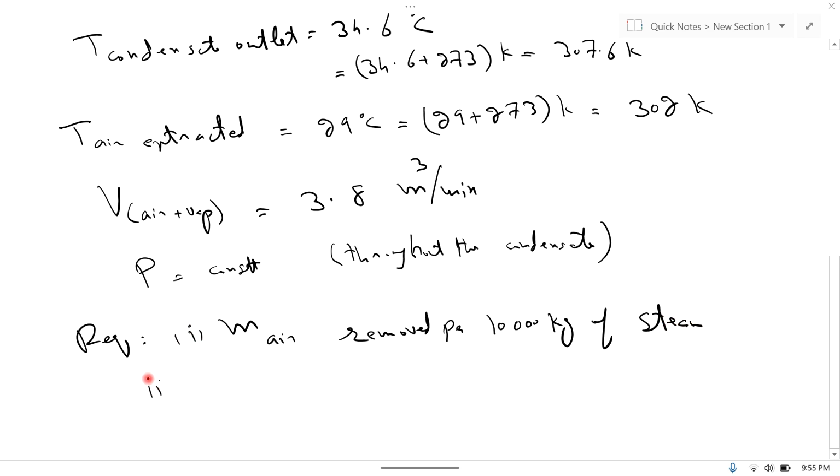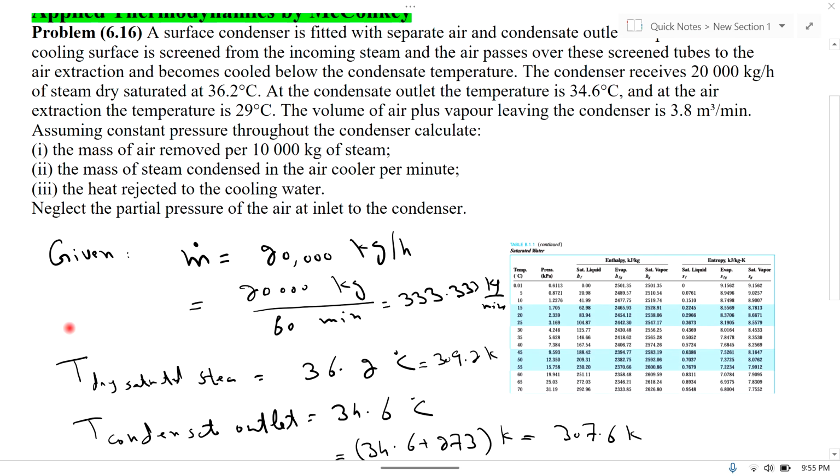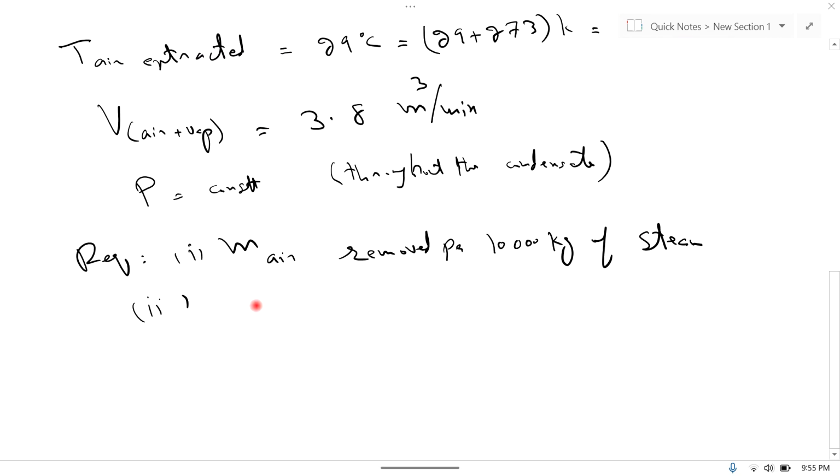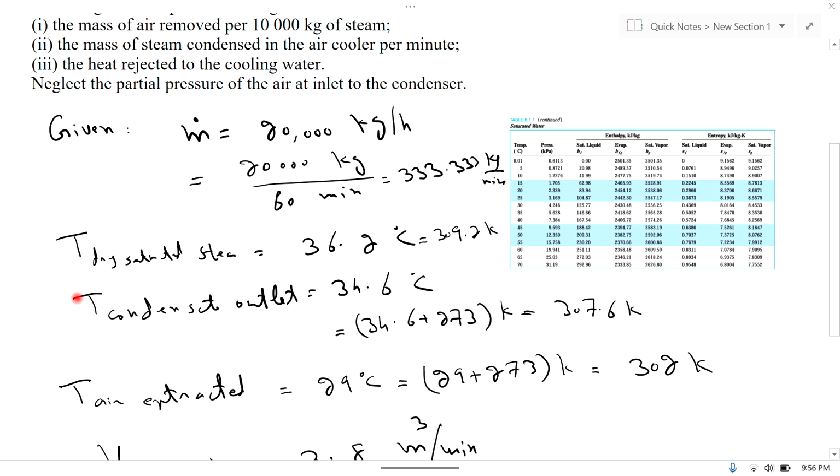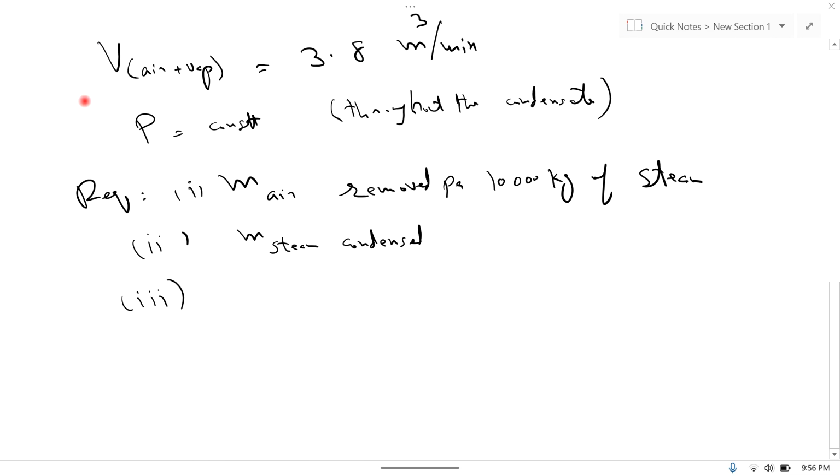Number 2, the mass of steam condensed in the air cooler per minute. And number 3, the heat rejected to the cooling water.